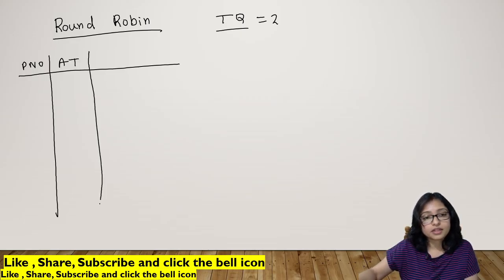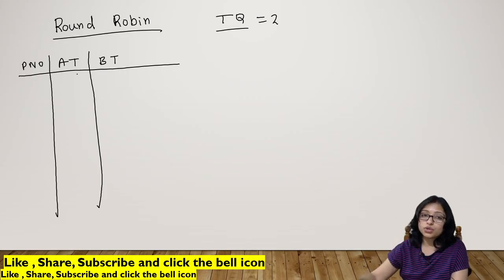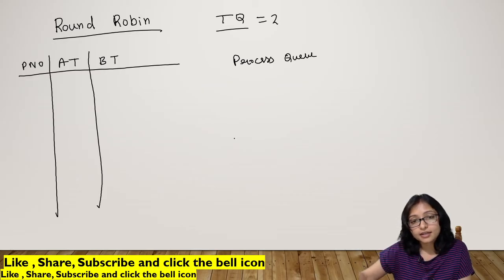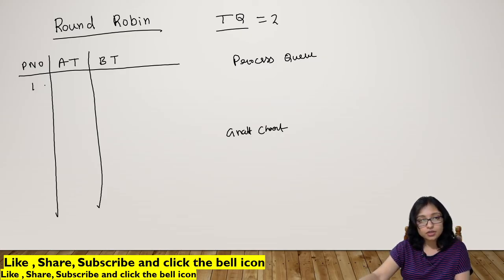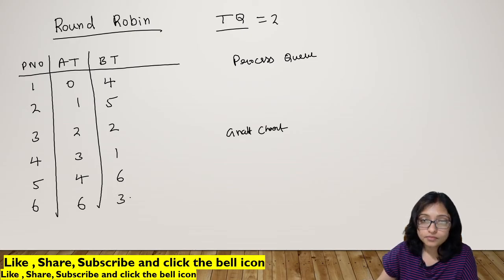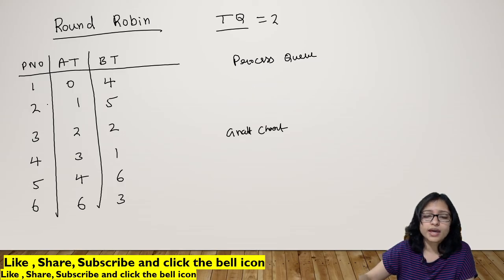And here we will maintain two things: the process queue and the Gantt chart. So for the process, I am writing first P1 with arrival 0 and burst 4, P2 with 1 and 5, P3 with 2 and 2. Next is 3, 1 and 4, then 4, 6 and 3? The next ones are P4 with arrival 3 and burst 1, P5 with 4 and 6, and P6 with 5 and 3. So process queue means whoever arrived first, at that time.